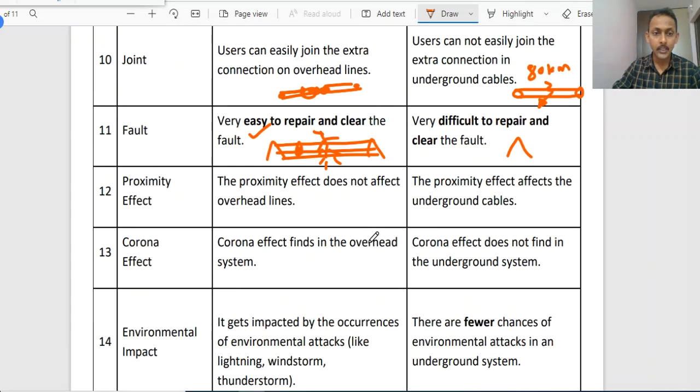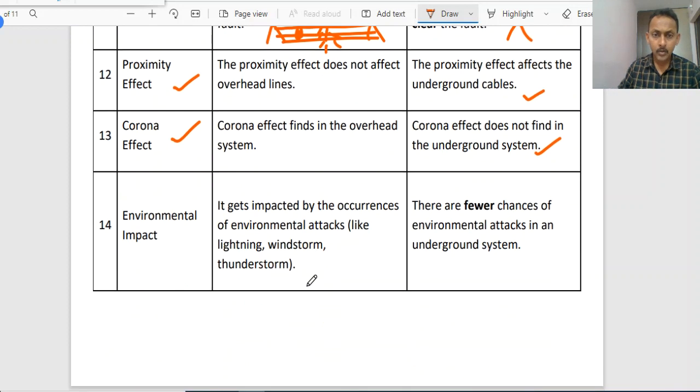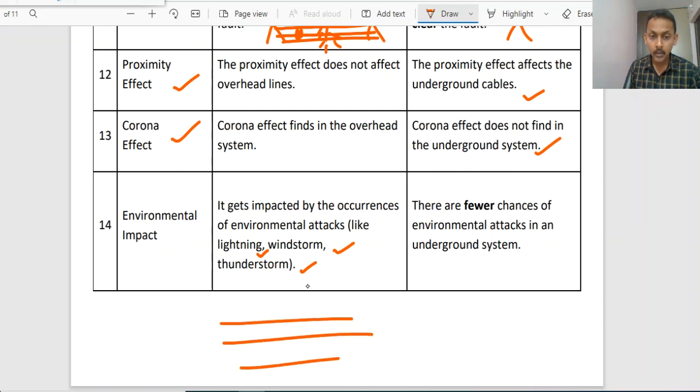And we have discussed here, of course, in overhead systems, we will have proximity effect, corona effect. In underground cables, these effects will be less. And here, due to environment, if any heavy winds, lightning, thunderstorms are there, all those things are going to affect the lines. If any huge cloud is passing nearby the lines, it may lead to a lightning stroke.